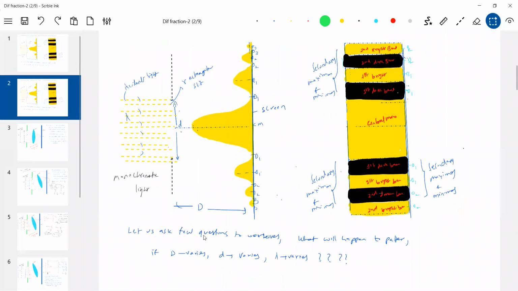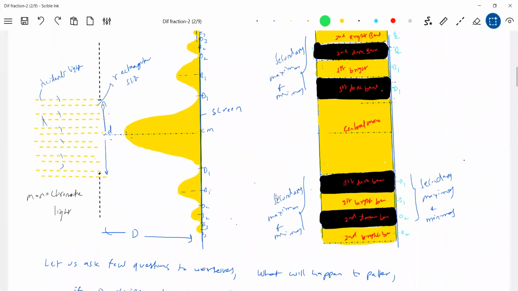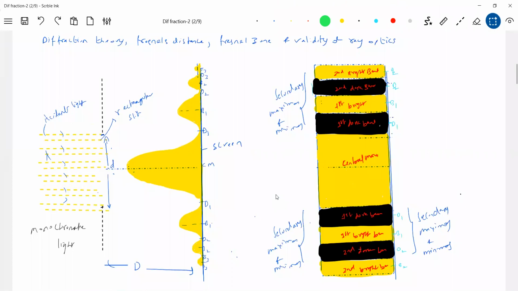Shall I explain here? Later on, I'll adjust things. Because again, going to the 10th page will take more time. So what is our next part? We have to define the angular width of central maxima and minima.